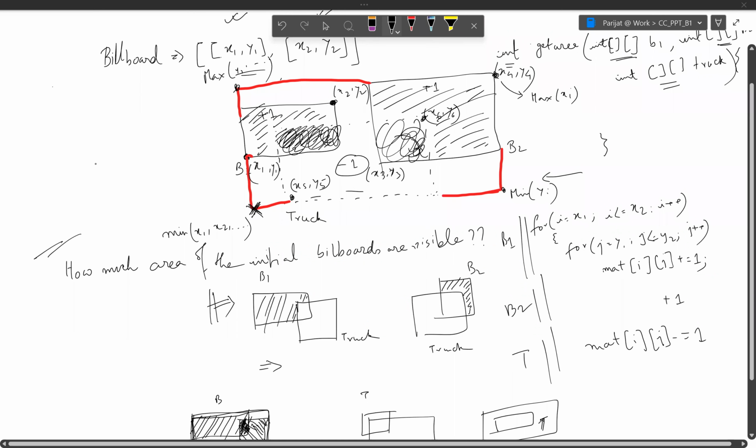We will not go into the overlapping case because then we are moving into a 3D space. If the billboards are overlapping, one billboard has to be in front of the other, and that is not given to us.